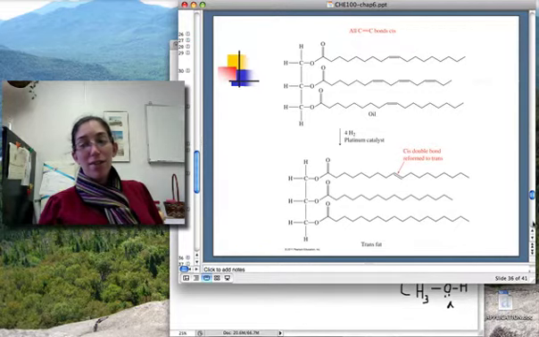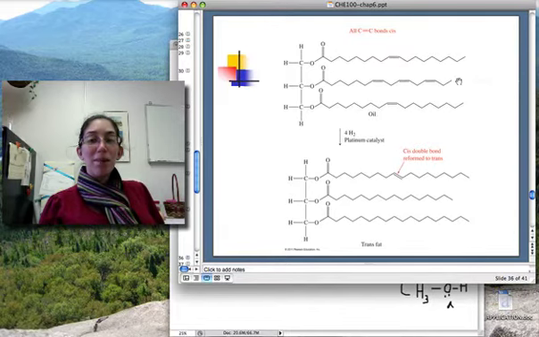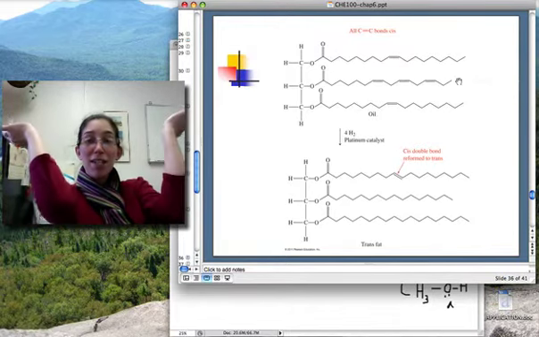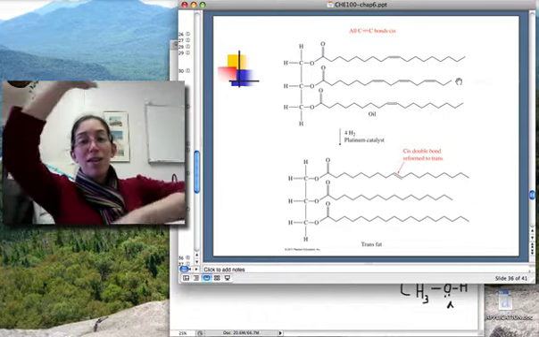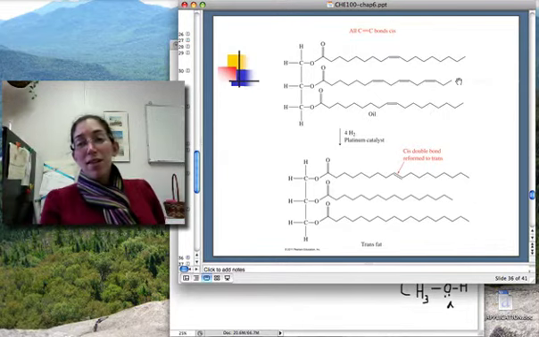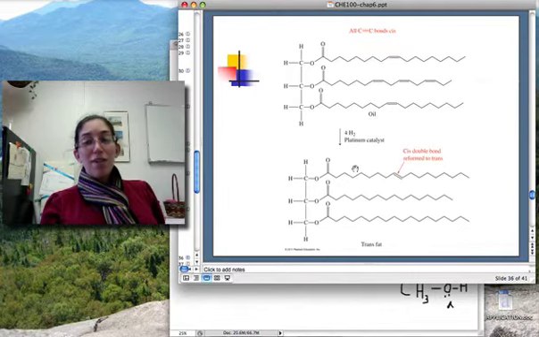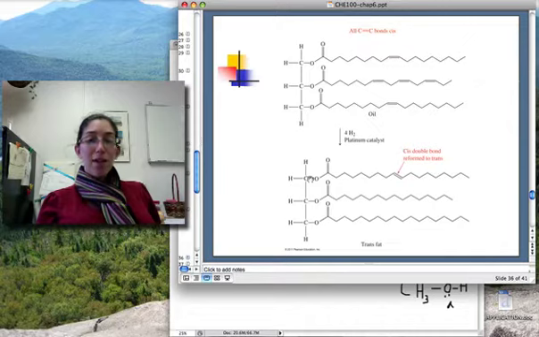And notice, this picture doesn't show it very well, but these cis double bonds, remember, are the ones that are kinked, so they don't pack as well. And so this is going to be an oil, it's going to be liquid at room temperature. But this trans fat here looks much more saturated, and the chains are straighter.